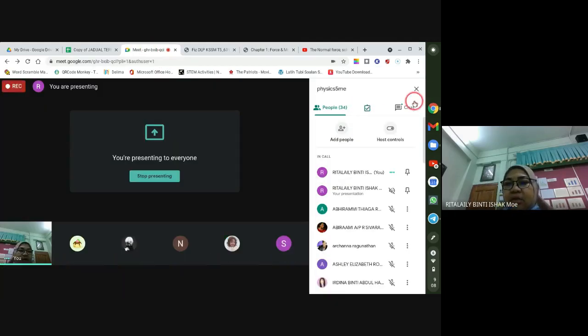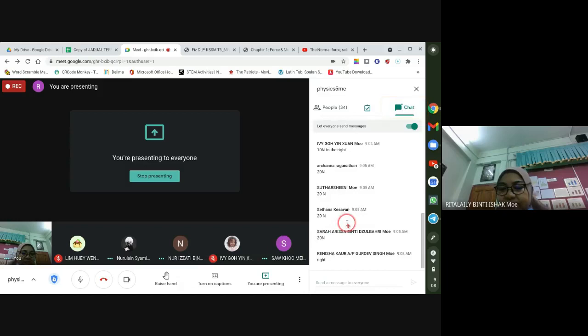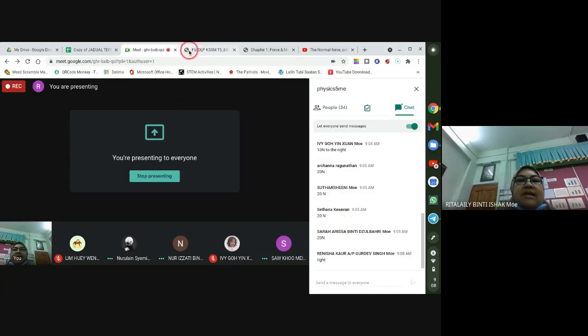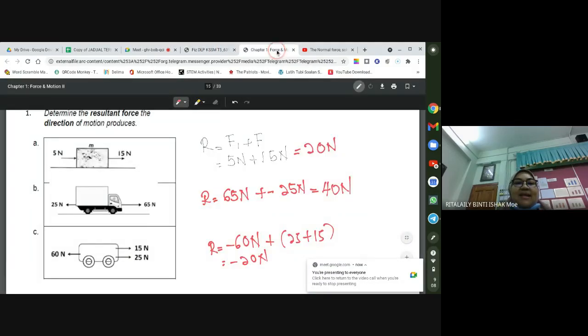Or are you writing your answer in the chat? To the right. Okay. So for A, the acceleration is to the right. Okay. So, based on the question, we can conclude that the direction of acceleration will be based on the direction of the resultant force. It follows the direction of the resultant force.